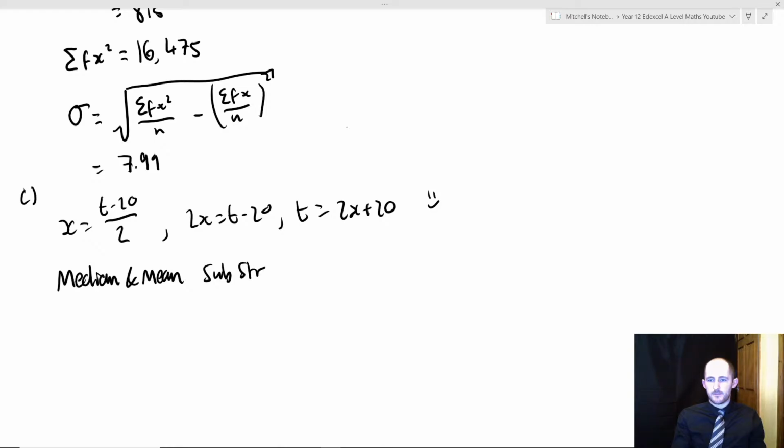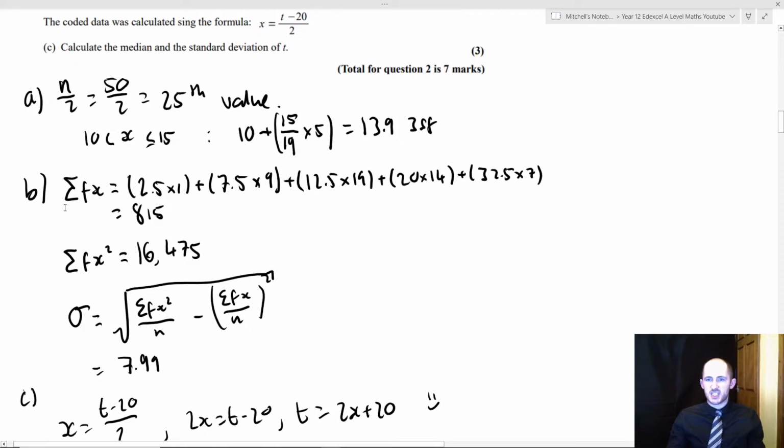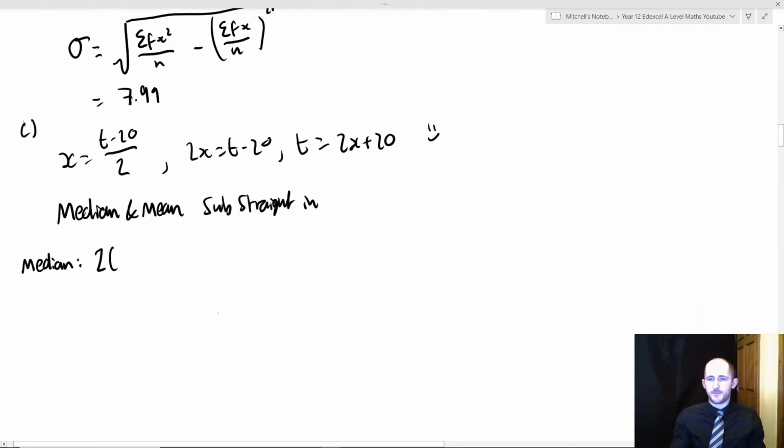Sub straight in, okay? So once you have your equation for uncoding the data, all you need to do, again, this is for the median, and if the question said mean, then we'll just do the mean the same way. Don't worry about it. Then the median for t is just going to be 2 times the median of x, 13.9, plus 20.